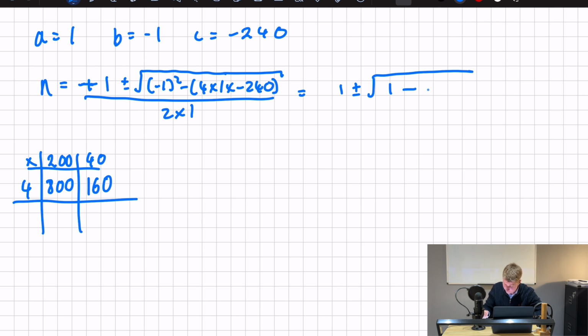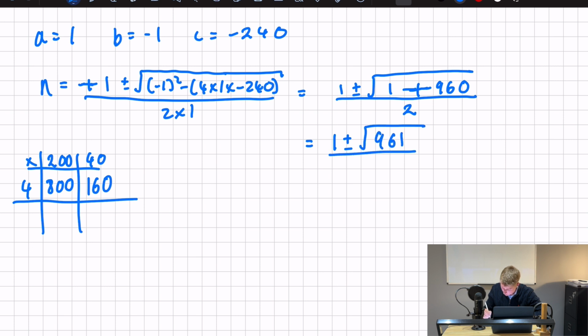So it is negative 240 times 4, so it's minus 960. These can join to make a positive, all over 2 times 1, which is 2. So this is equal to 1 plus or minus the square root of 961 over 2.